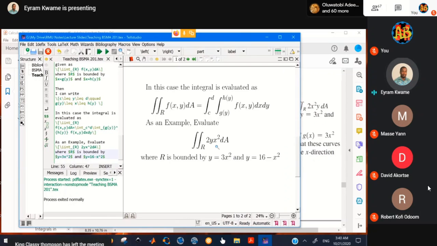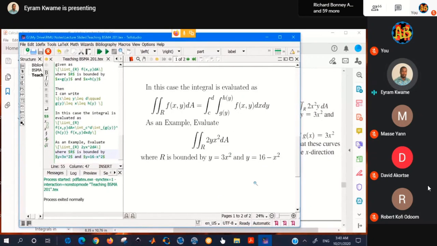So we have this situation. As an example, evaluate this, where R is bounded by this and this. The first thing you have to think about is, how do these graphs look? 3x squared is definitely going to face upwards, while 16 minus x squared will face downwards.